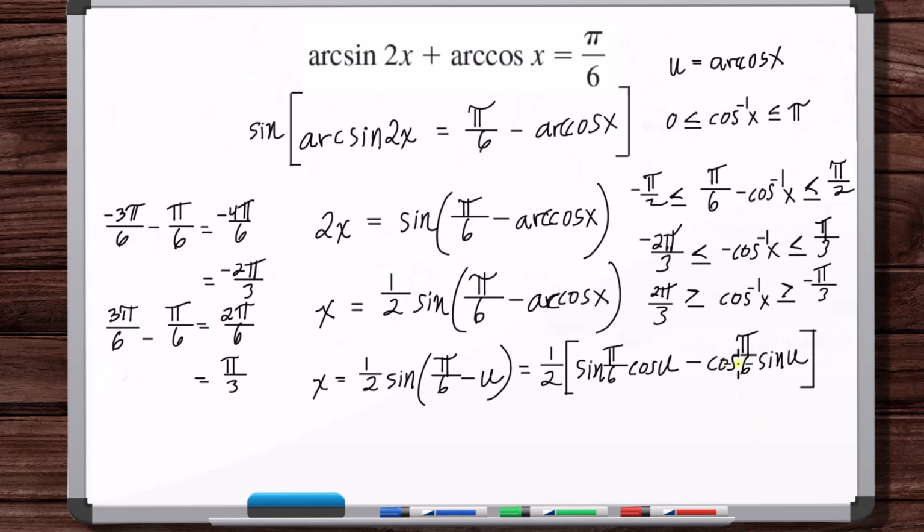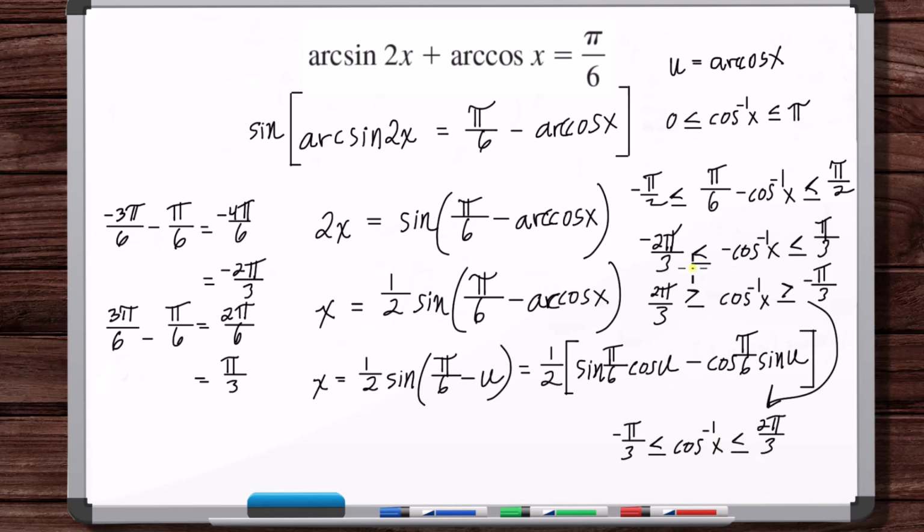So minus pi over 3 is less than or equal to inverse cosine of x, which is less than or equal to 2 pi over 3. All this is telling us is that in order to honor the range of arc sine of 2x, arc cosine of x needs to be between minus pi over 3 and 2 pi over 3.